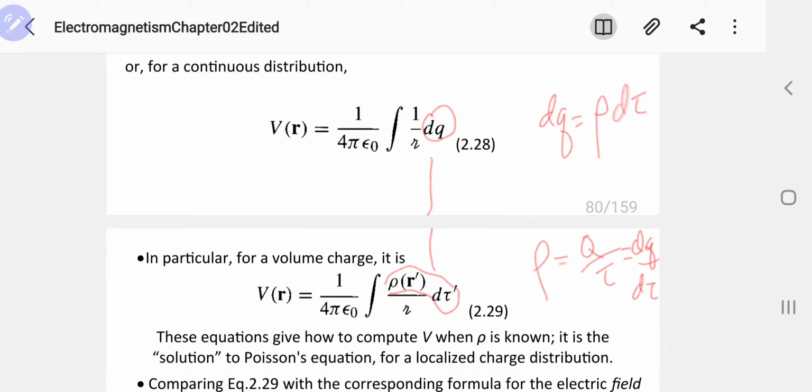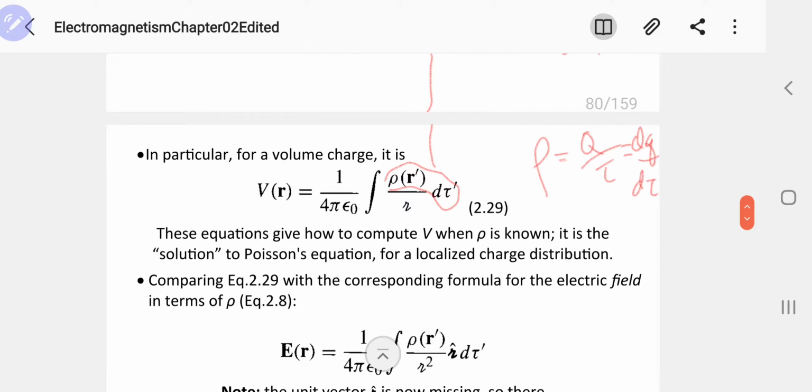Now we go further. I'll just read the caption of that equation. These equations give how to compute V when rho is known. It is a solution to Poisson's equation for a localized charge distribution.